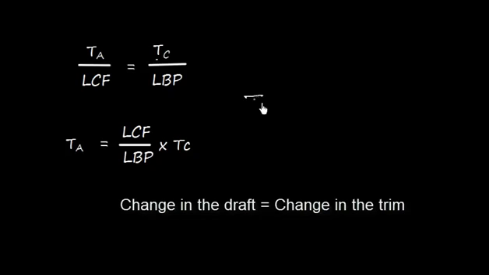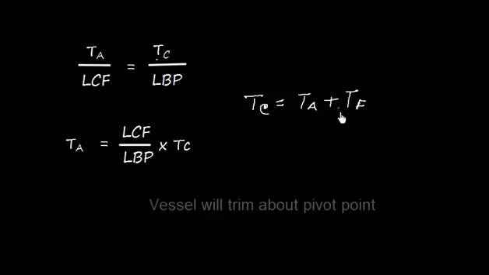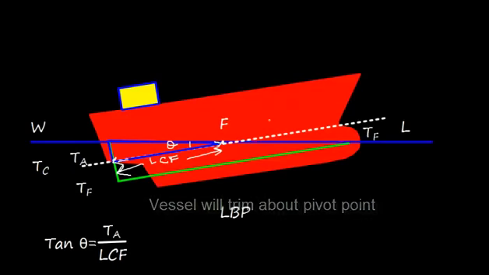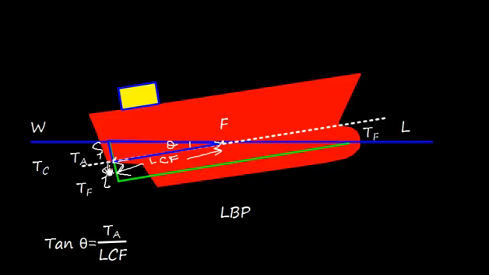We will also notice that total trim change, that is TC, will be equal to TA plus TF, that is the sum of the change in the draft aft and forward will be the total trim. We can verify this from here also. This portion is TF and this is TA, and this total portion is TC.